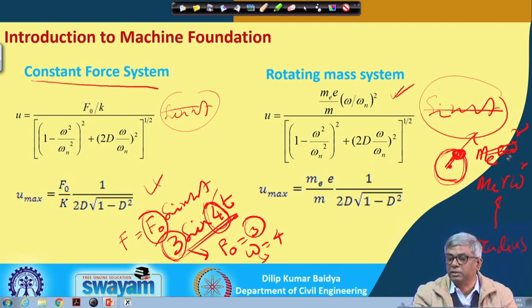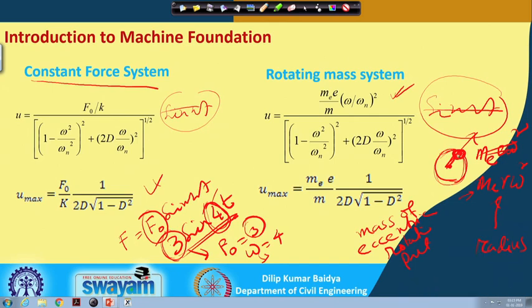Sometimes we can write m e into e omega square, that means this is the eccentric distance, or I can write simply r, because along the radius r it is rotating, and small m e is the mass of the eccentric rotating part, and r or e is the distance from the center along which it is rotating, and omega is the speed.